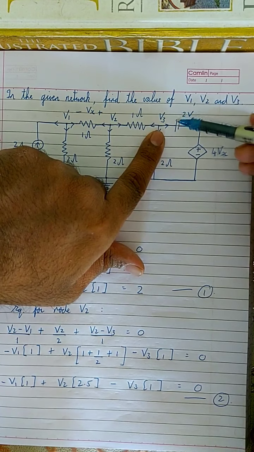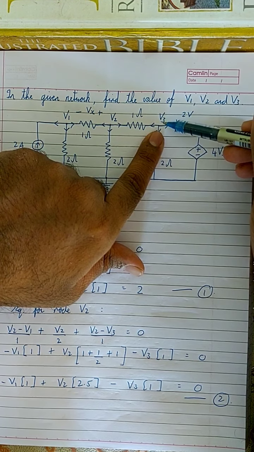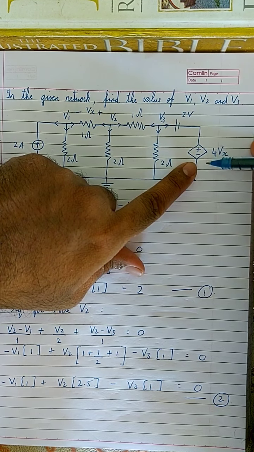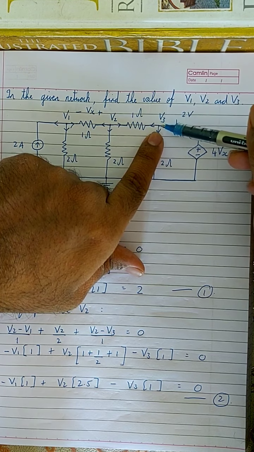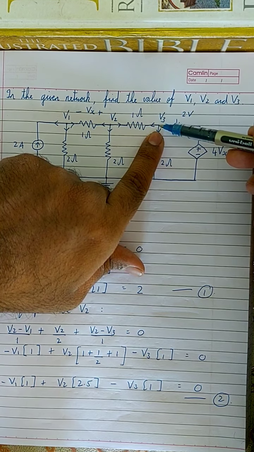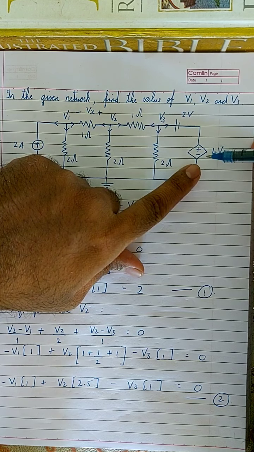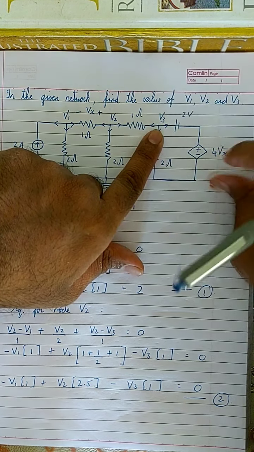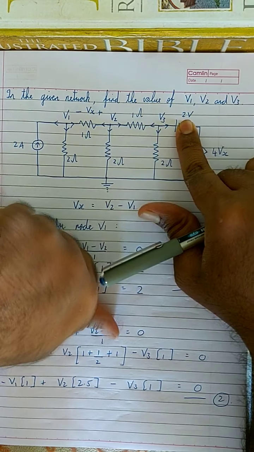See, because if you look over here, this is the voltage V3 and this is 4Vx, which means one end of the voltage source is V3 and the other end is 4Vx. And what is the voltage between V3 and 4Vx? It is 2 volt.